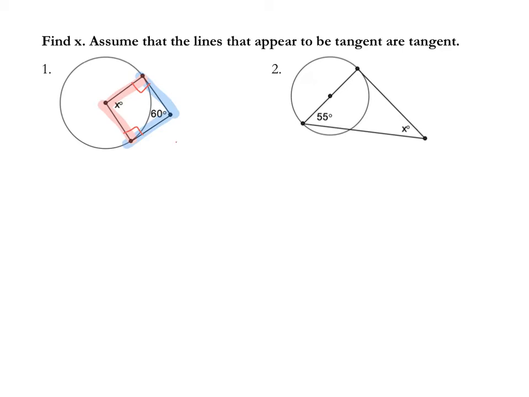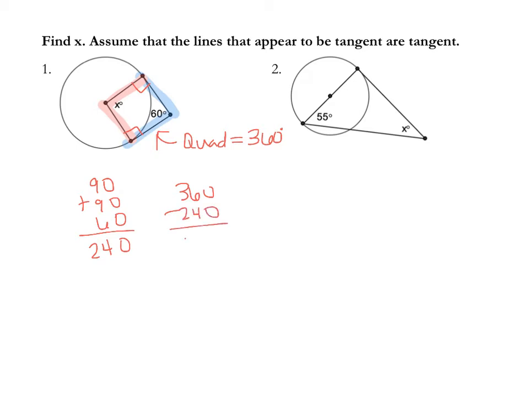And then it's recognizing that this shape then is a quadrilateral. And quadrilaterals should always equal 360. So then to find the missing angle, we have to do 90 plus 90 plus 60, which is 240, and then we're going to do 360 minus 240, which tells me that x is 120.